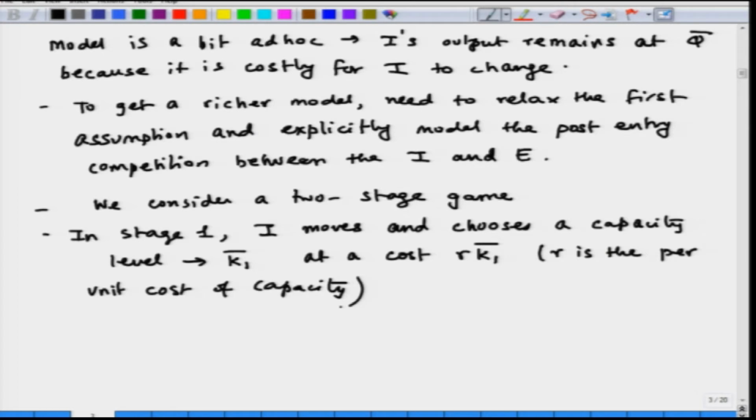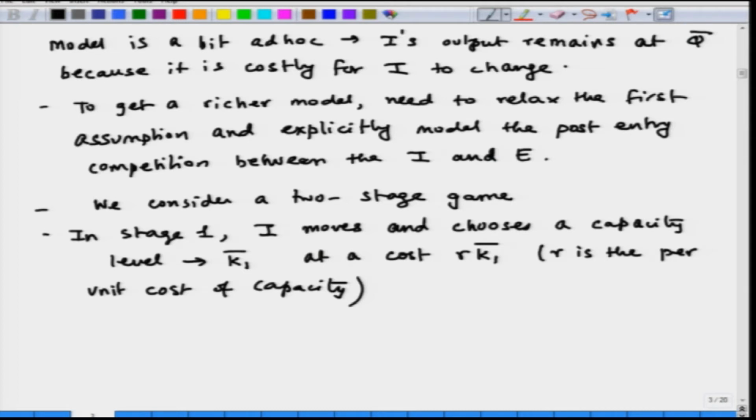Now, notice that by choosing a capacity K1 bar, the incumbent in stage 2 can choose to produce an output which is less than the capacity, in which case there is going to be some unused capacity.